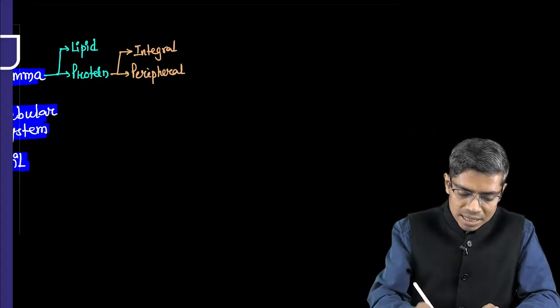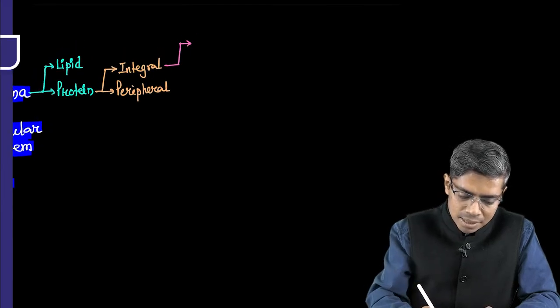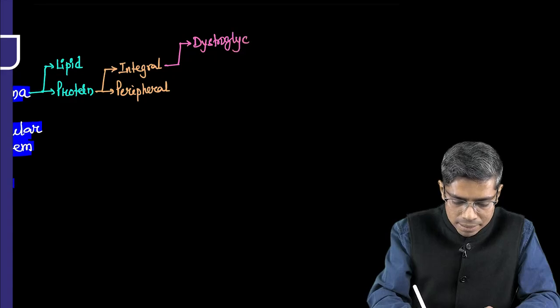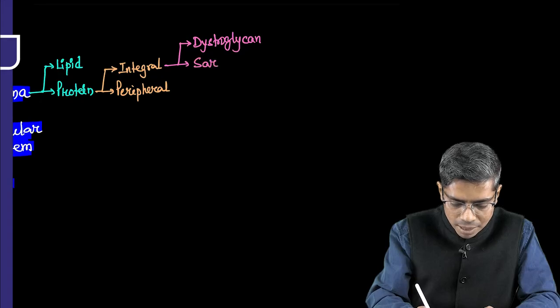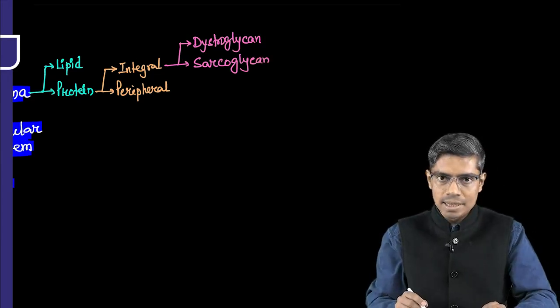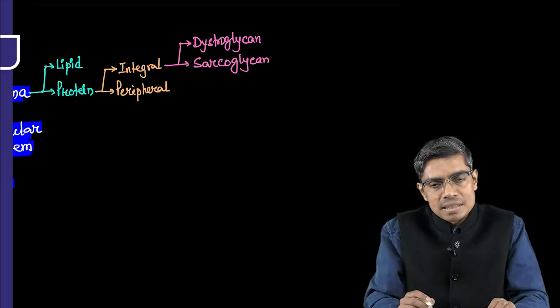The special integral membrane proteins which are present in the skeletal muscle membrane are known as dystroglycan and sarcoglycan. Dystroglycan and sarcoglycan are the integral membrane proteins specially for the skeletal muscle cell membrane or sarcolemmal membrane.